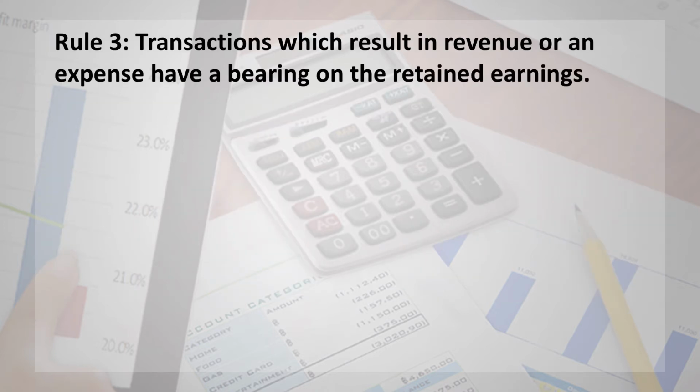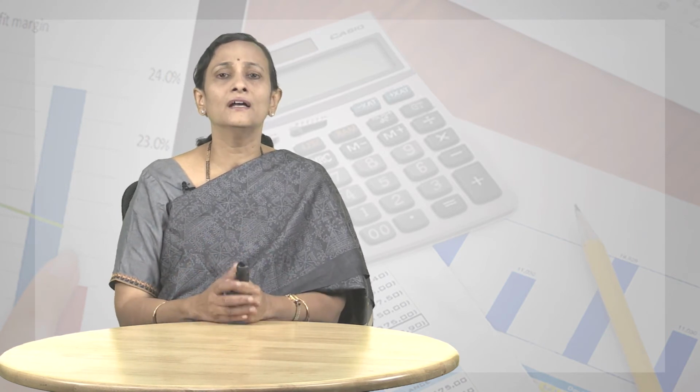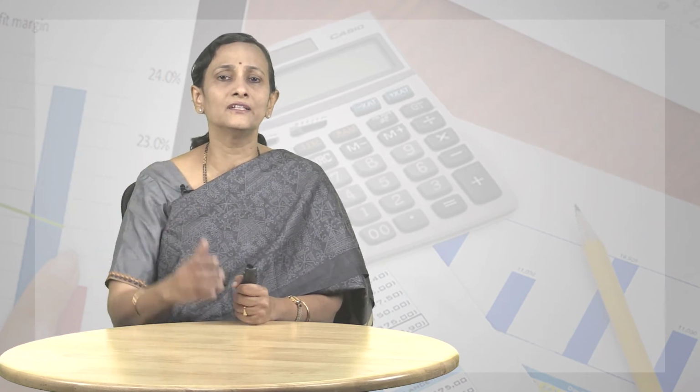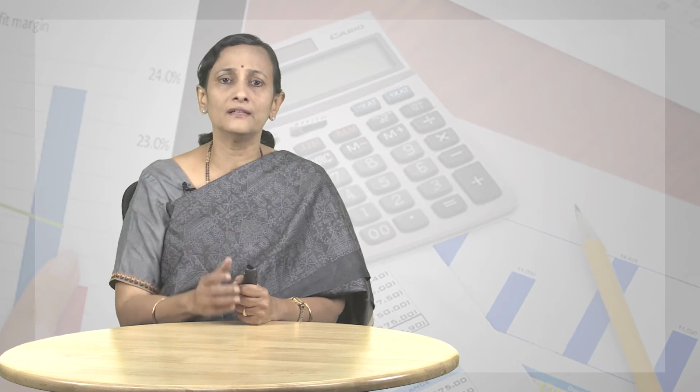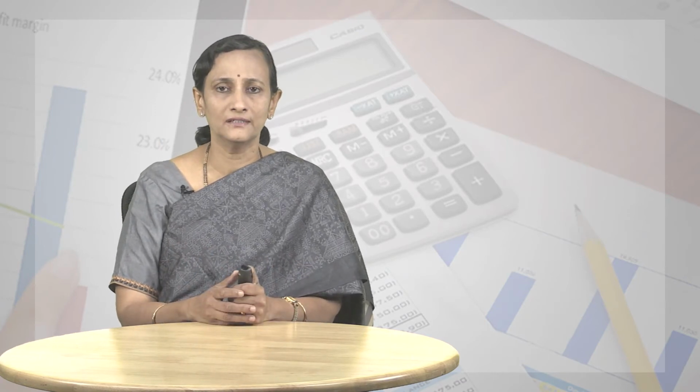That brings us to rule 3. Once again, I will repeat. Transactions which result in revenue or expense have a bearing on the retained earnings, because ultimately income and expense belong to the capital providers, and therefore when retained earnings get affected, it indirectly reflects in the capital account. Also, as a corollary, transactions which do not result in revenue or expenses have no bearing on the retained earnings.